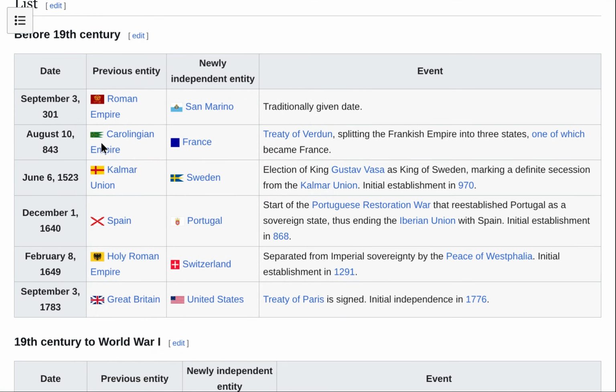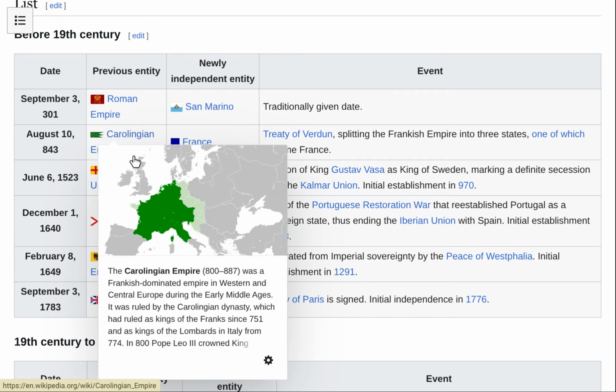So now we've got the Carolingian Empire, which is like France, Spain, Netherlands, that stuff, and you haven't got Denmark though, but you've got a bit of Italy, see. And it says the Carolingian Empire, year 800 to year 887, was a Frankish dominated empire in Western and Central Europe during the early Middle Ages.